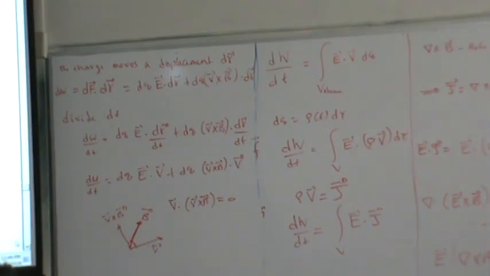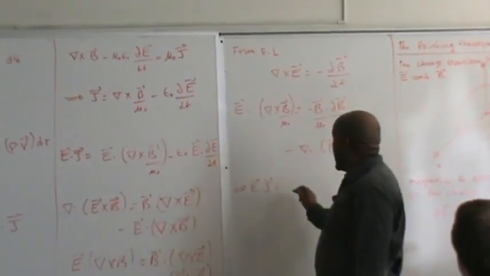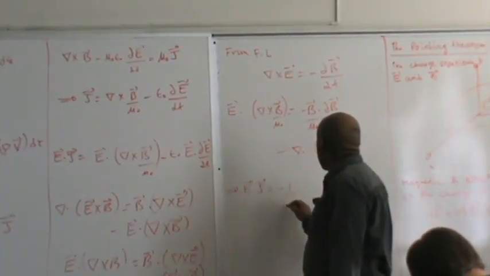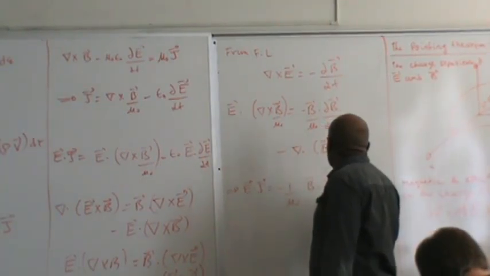So now just place this one in here, then you would find E dot J becomes... If I divide this by mu naught, so that's going to be mu naught, this is going to be mu naught. So I can replace these in place of that. Then I would find minus 1 over mu naught into B dot dB by dt.